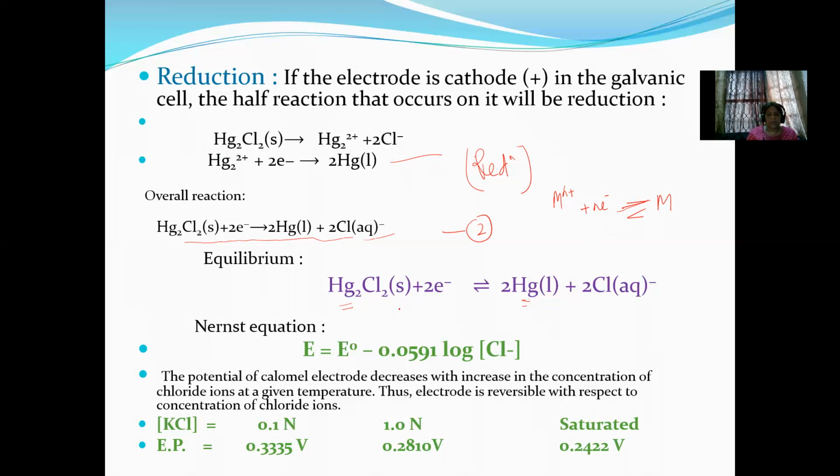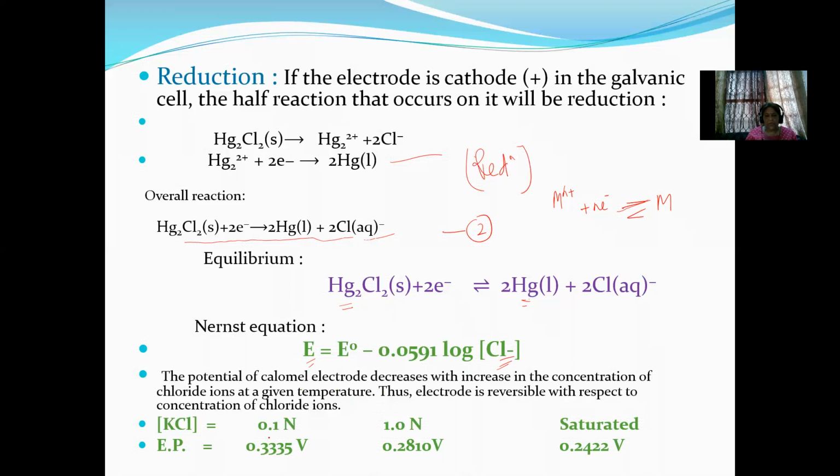Okay. So now, since we have got the equilibrium, the Nernst equation for the Calomel electrode can be written like this: E is equal to E naught minus 0.0591 log of the concentration of the chloride ions. That means it directly shows that the potential of the Calomel electrode, given by E, is directly proportional to the concentration of the chloride ions.